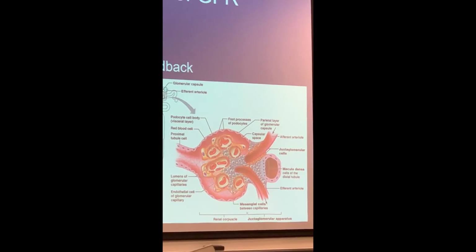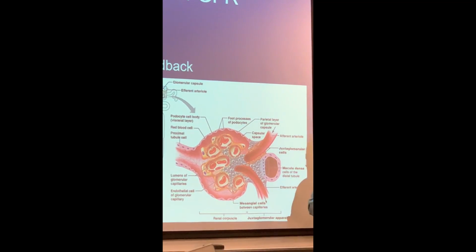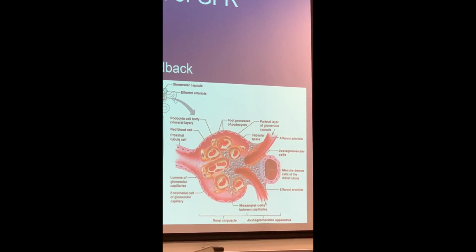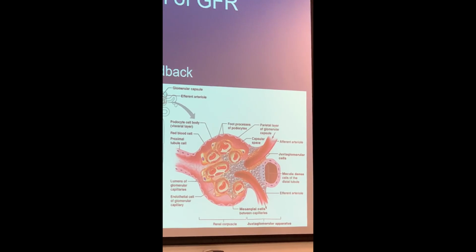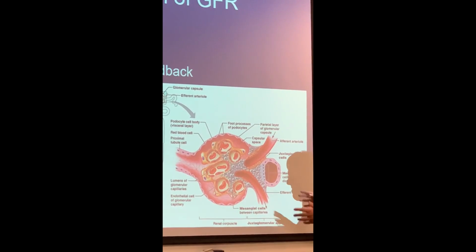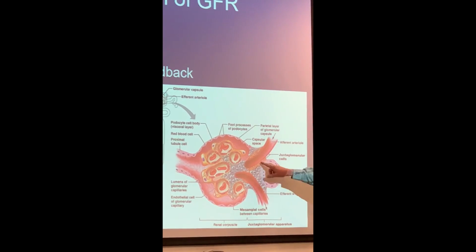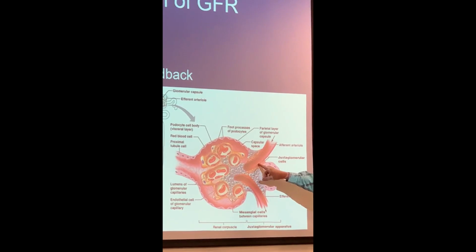So what do the kidneys do about that? Well, they have an override system, one that we've already discussed. If the blood pressure is too low, meaning the blood flow to the kidneys is too low, the filtration rate will be way too low. Now, I'm not saying this is only produced in extreme, but if it's overall too low, what the juxtaglomerular cells can do then is release renin.